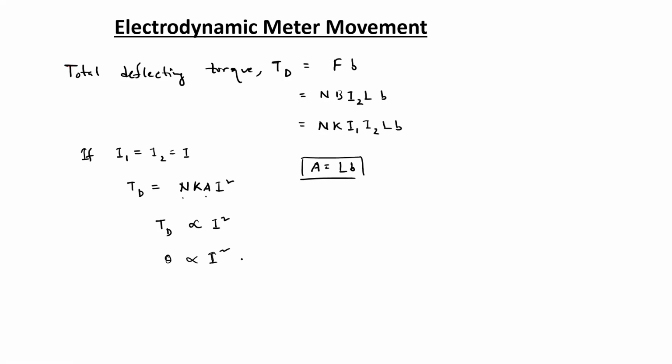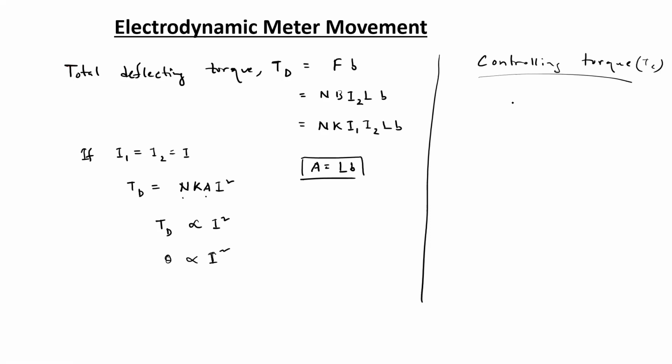Now, like the PMMC meter movement mechanism, here also hair springs are attached with the coil arrangement, which produces a controlling torque. The controlling torque is produced by the spring, and it is again proportional to the deflection theta. Like previously discussed, the controlling torque can be represented in terms of the spring constant k into theta.